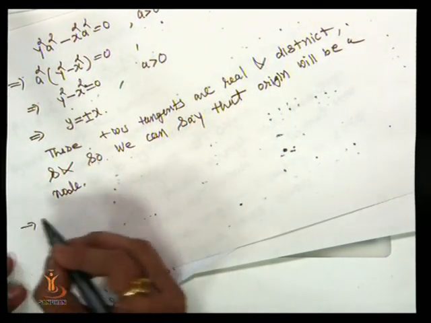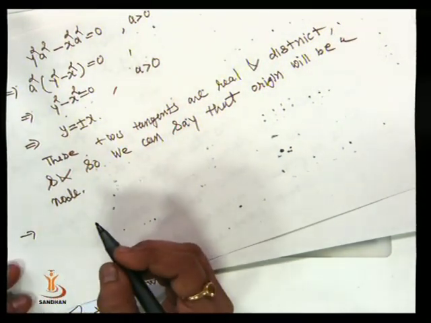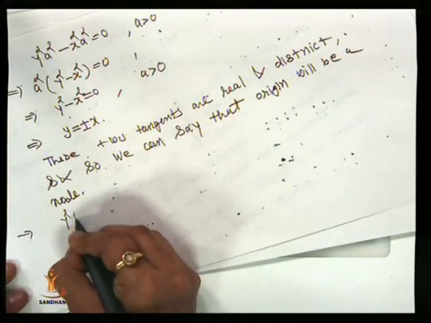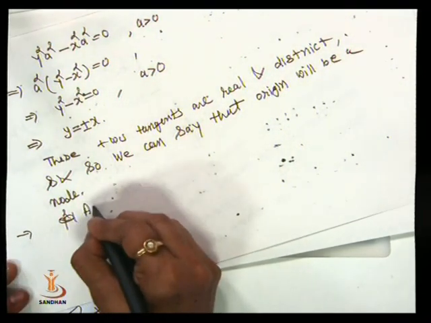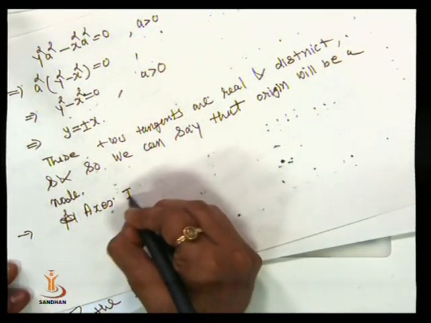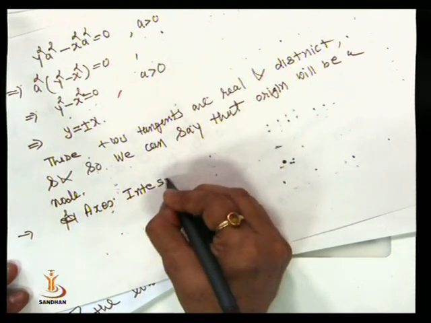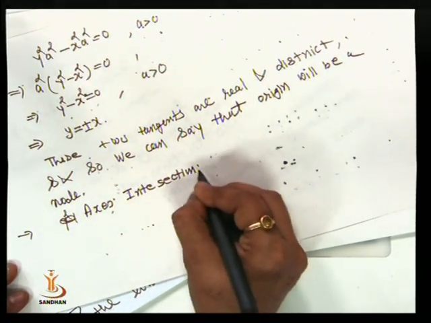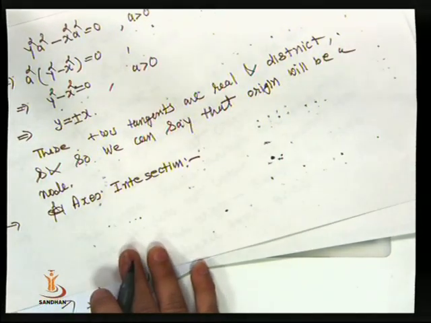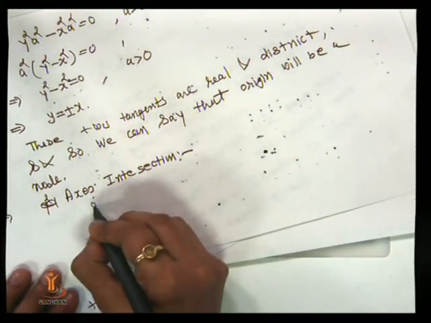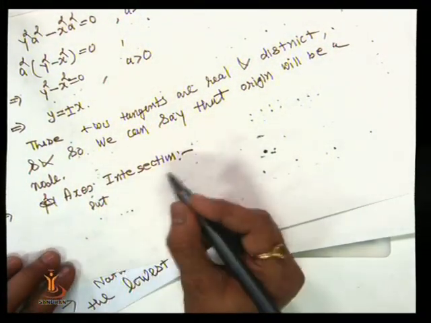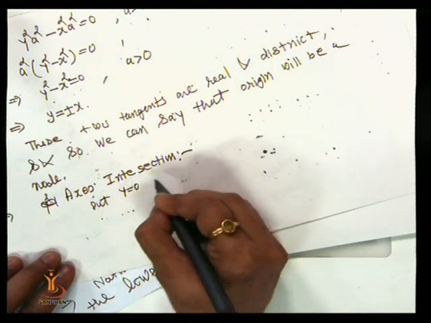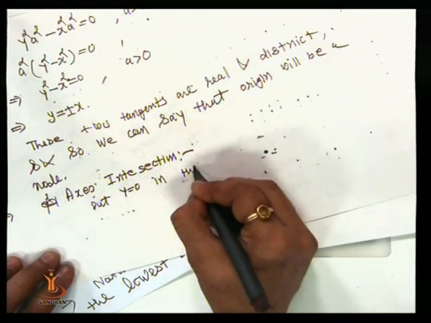Now we will check axis intersection, whether the curve intersects the axes. Next property is axis intersection. Put y equal to 0 in the given equation.